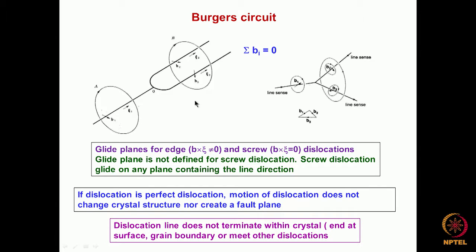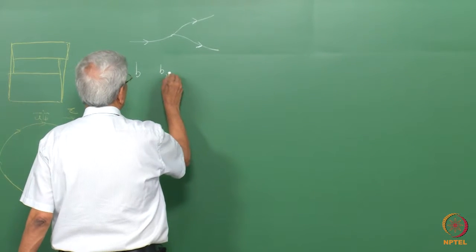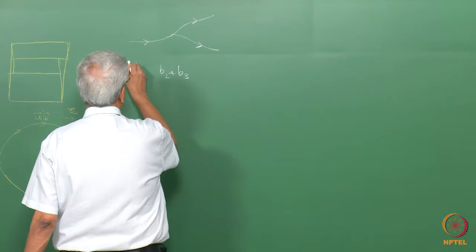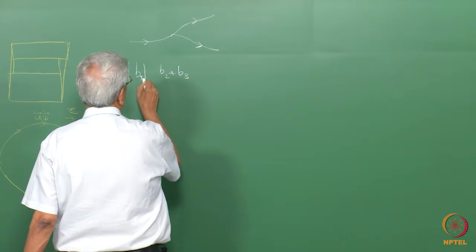This B1 should be equal to B2 plus B3; whatever Burgers vector we get from the circuit should, magnitude wise, be equal to that of B1.